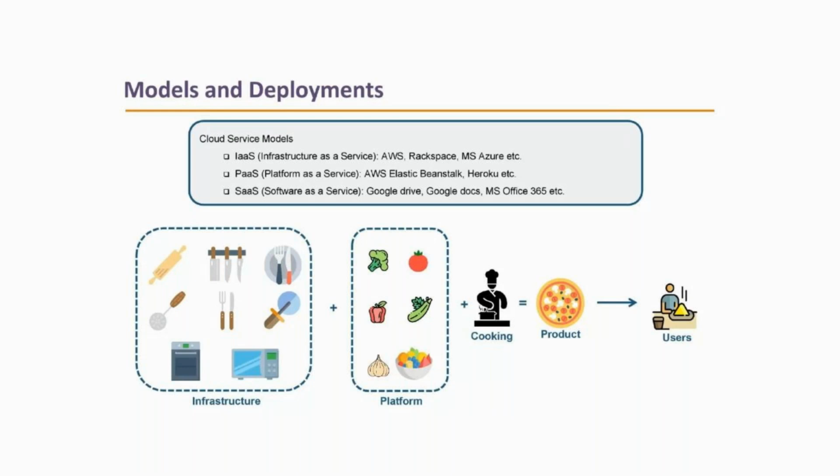We'll look into what exactly these models are. This representation shows infrastructure as the basic thing, like a kitchen and vegetables, cooking as the process, and then the final product.